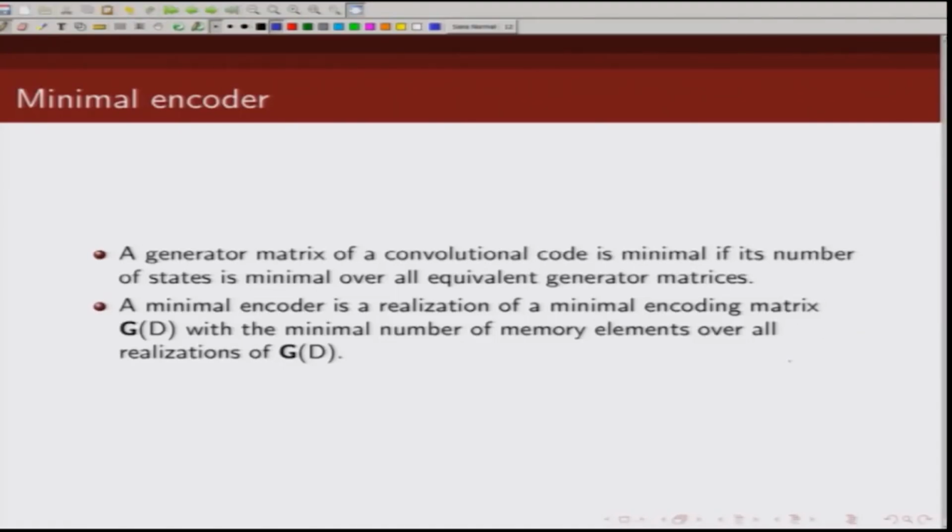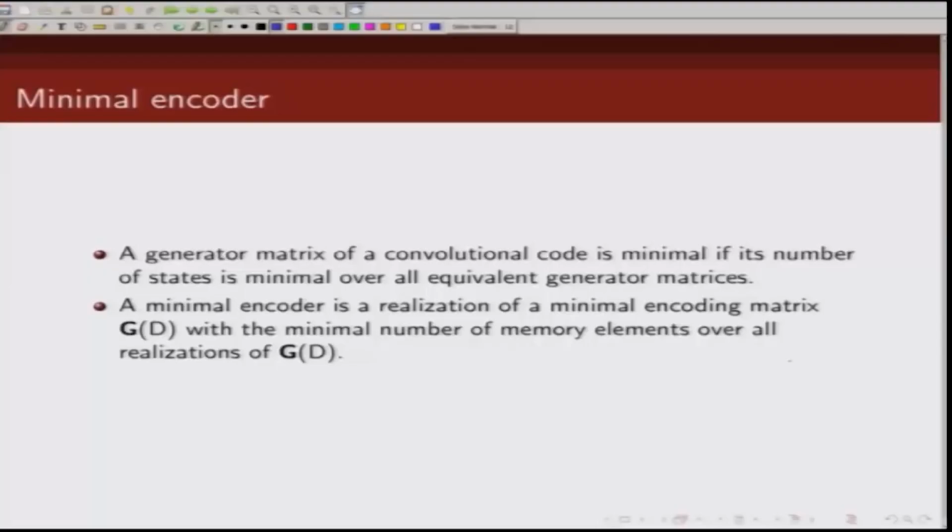So we define a minimal encoder as the minimal realization of a minimal encoding matrix. The minimal encoder should result in the minimum number of memory elements used to represent that particular convolutional encoder.